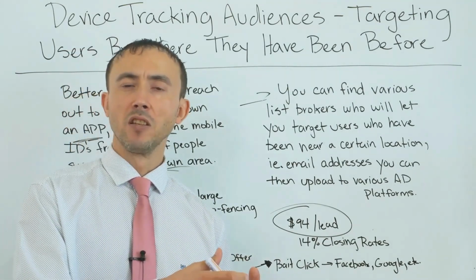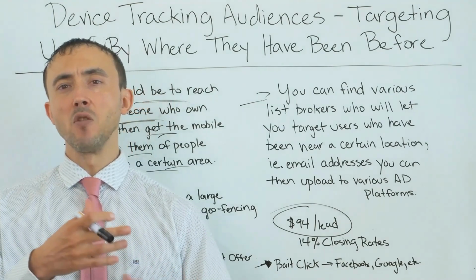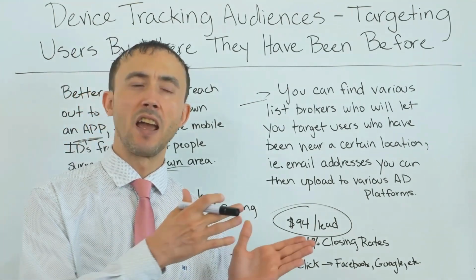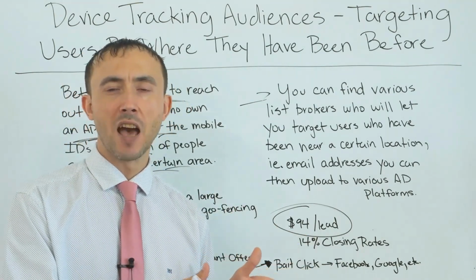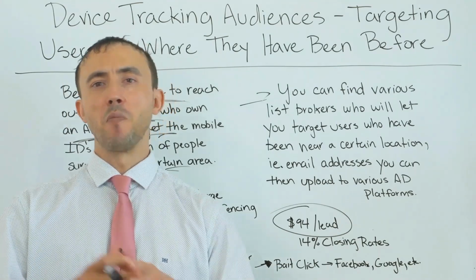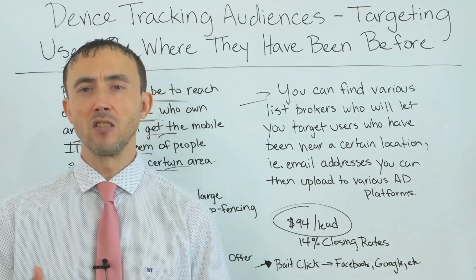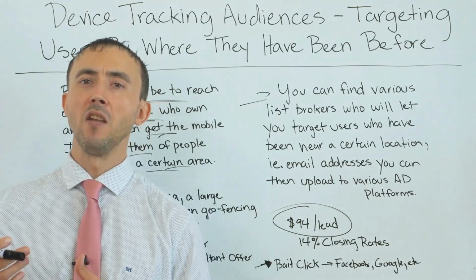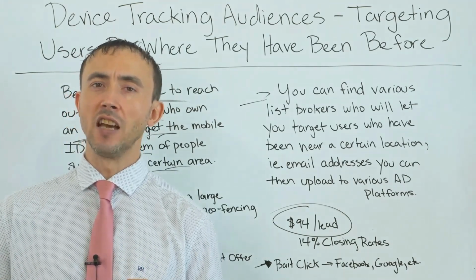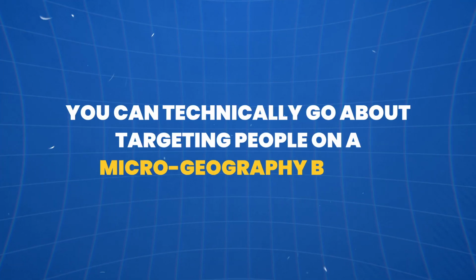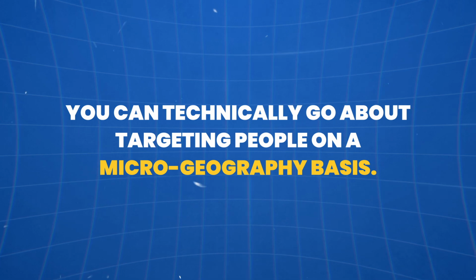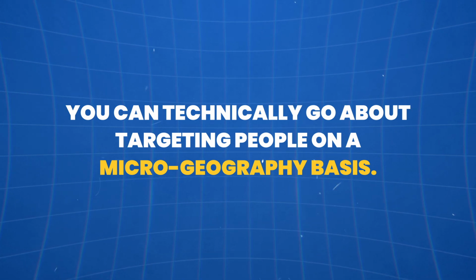Or you take that list of users who download that mobile app and then apply a geo filter to it. You can say, I want all these people who downloaded this app but also have visited a Bass Pro Shop in the last 30 days. And then continuously, when people get to that Bass Pro Shop within my city, I want that list so I could target them. You could technically go about targeting people on a micro geography basis that way.